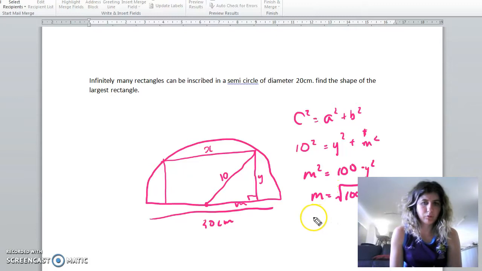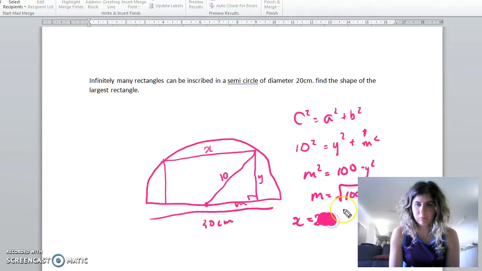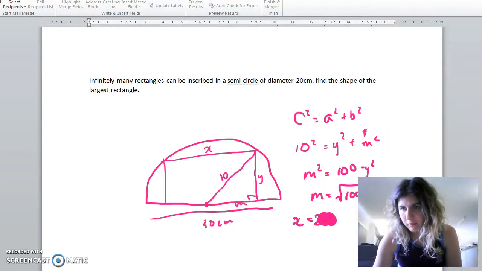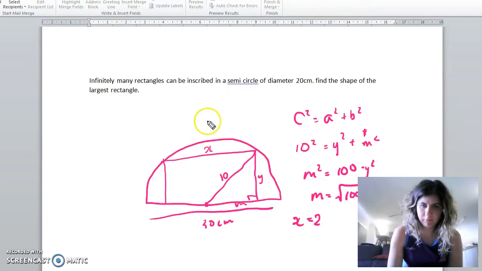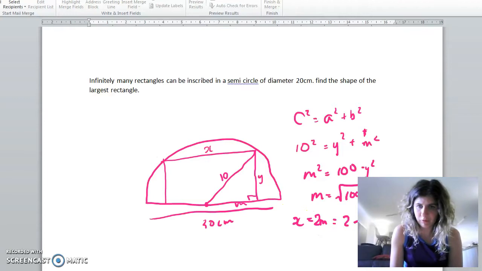Okay, so from here, this is the first part. M is going to be half of x. Okay, so x is equal to 2m. X is equal to 2m, so 2 lots of square root 100 minus y squared.